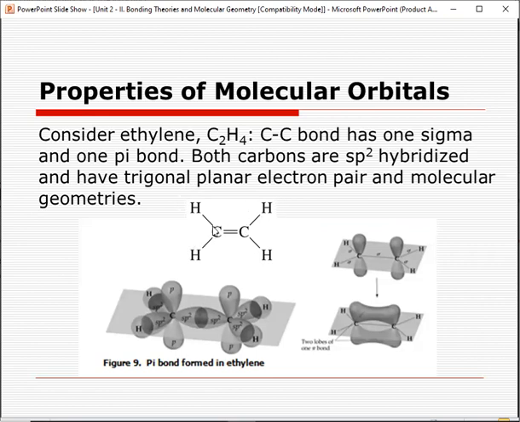So, same with this. So, makita ninyo ang CC bond na siya 1 sigma bond and 1 pi bond. So, ang overlap nila nga head-on, that is the sigma bond. But ang sideway nga overlap, that is the 1 pi bond.